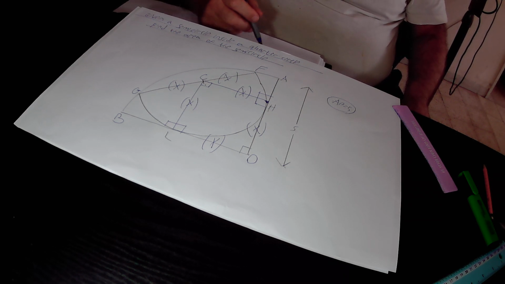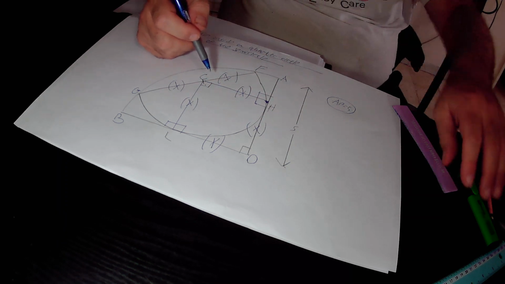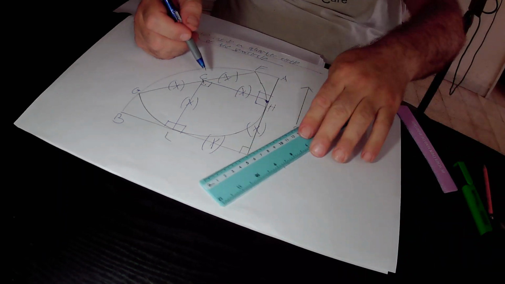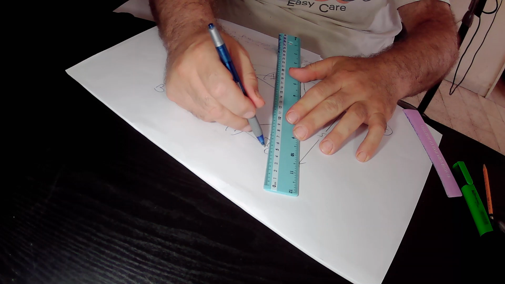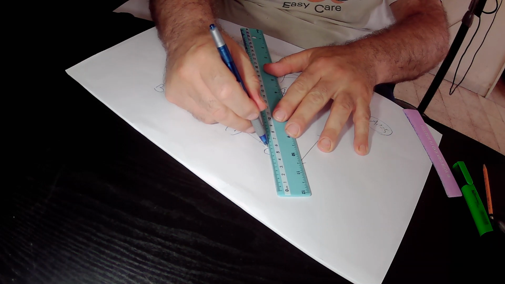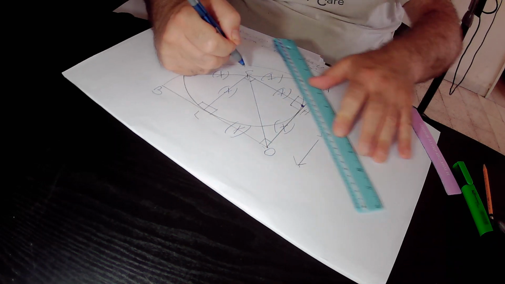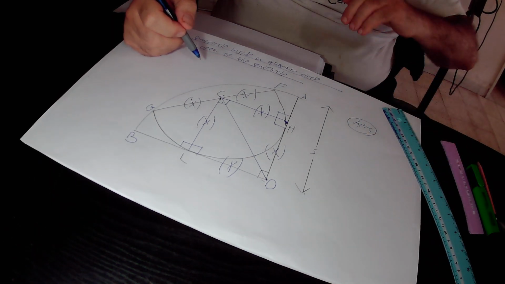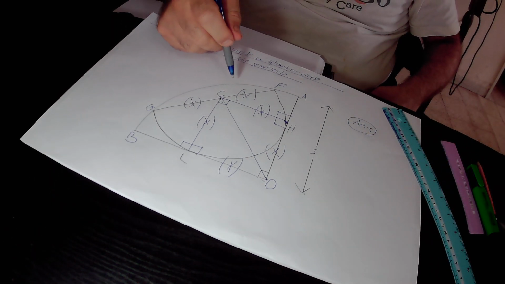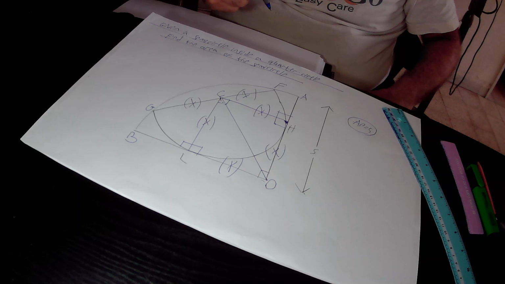In the next step, we join points O and C together by a straight line. By joining points O and C, we get the right-angled triangle, triangle CLO.